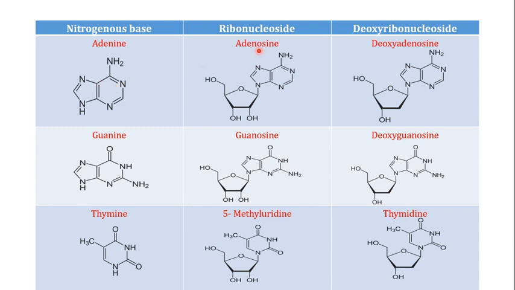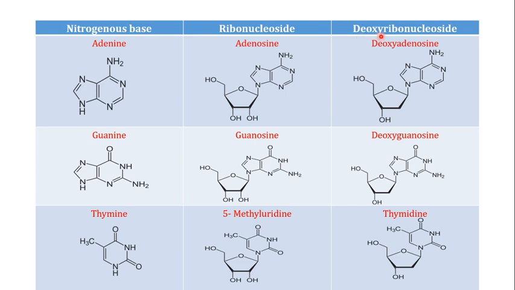Adenosine is the base attached to the sugar. This is a ribonucleoside. So if you are using the term adenosine, that means you are using a ribose sugar where there is a hydroxyl group at position number 2. Ribonucleoside means adenine attached to a ribose sugar.